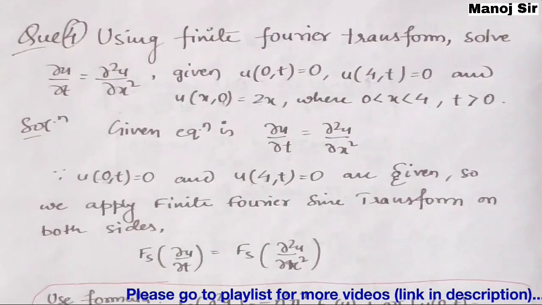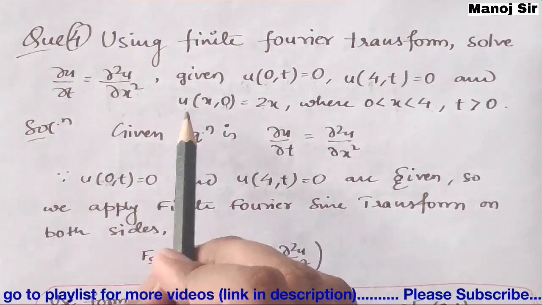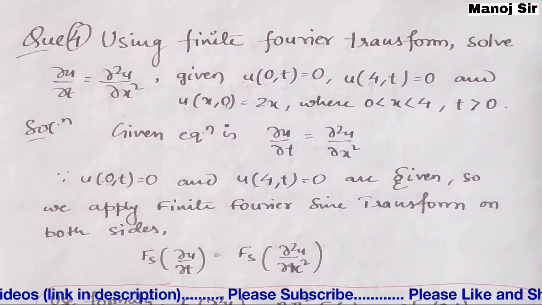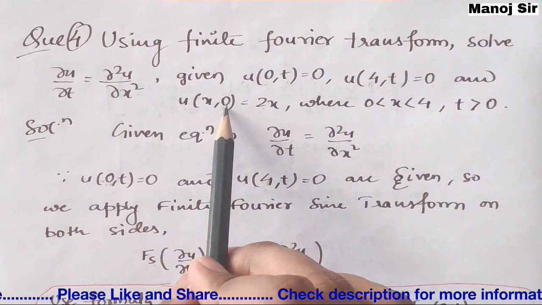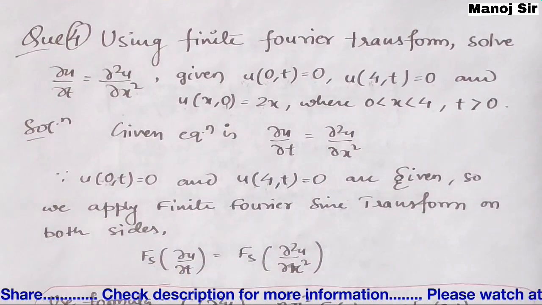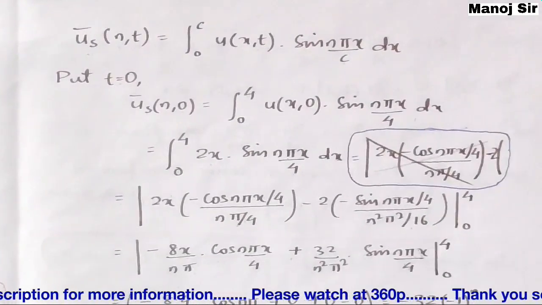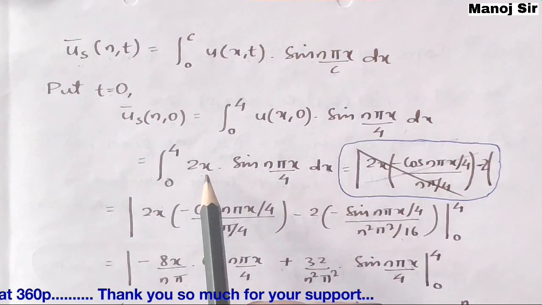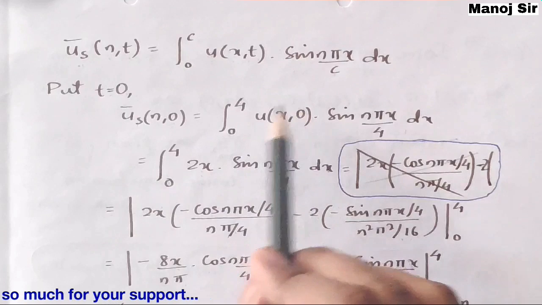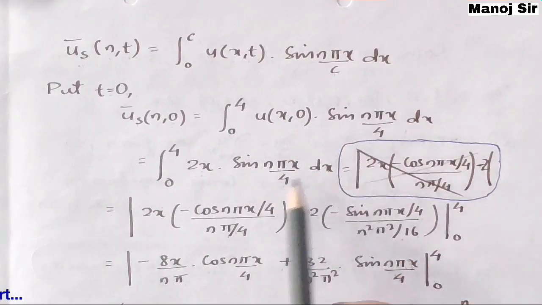It is given in the problem itself. That is, u x comma t at t equal to 0 equals 2x. This part is given to us in the problem. So this is going to be integration 0 to 4, 2x into sine of n pi x upon 4 dx.